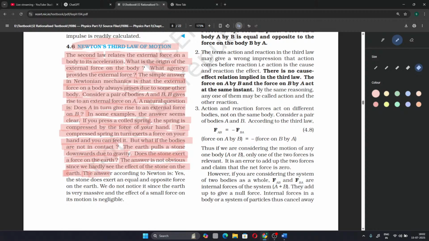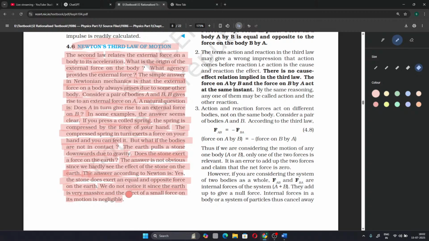And the answer, according to Newton, is yes. The stone also exerts an equal and opposite force on the Earth. We do not notice it since the Earth is very massive and the effect of a small force on its motion is negligible. Basically, let's assume the Earth is pulling a stone downward with a 10 Newton force when the stone is 1 kg.